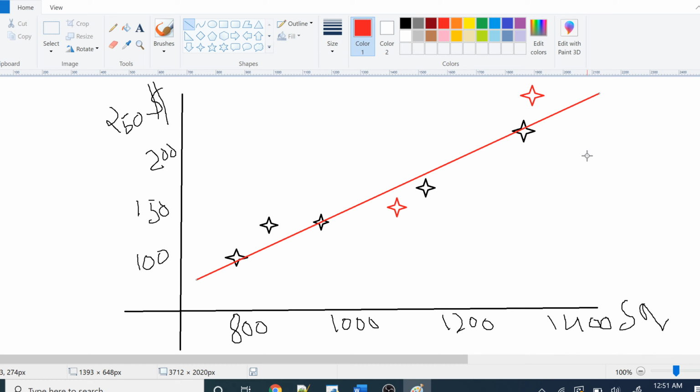The linear regression algorithm uses a method called the least squares error method to identify the best regression line that will give us the best predictions. So now let's see how we will come up with a linear regression model that can be built using the least squares error method.